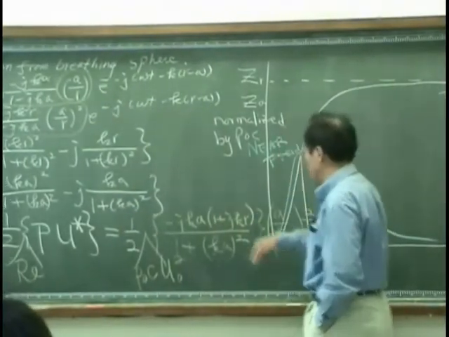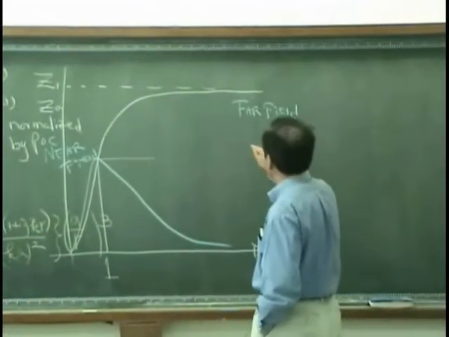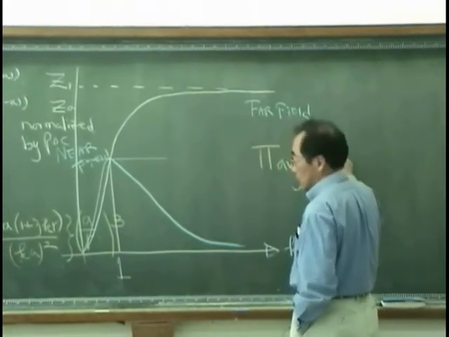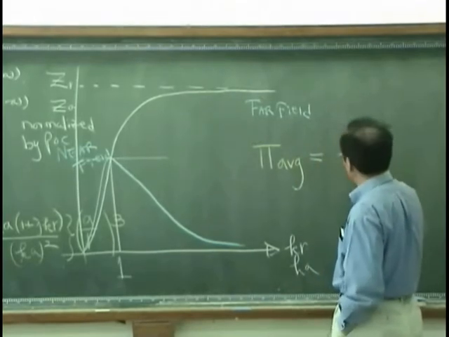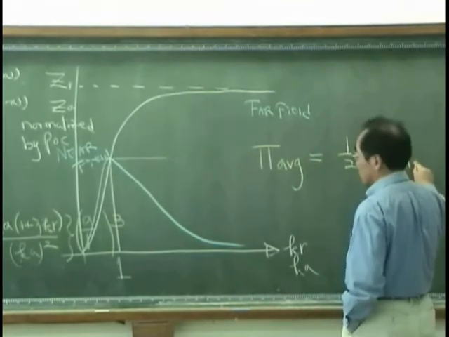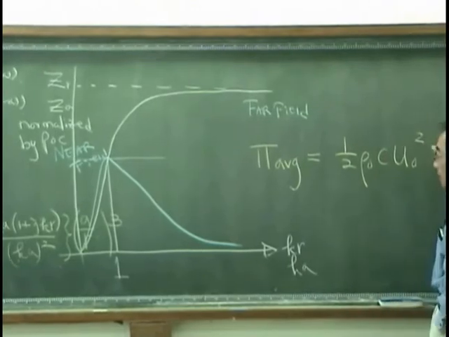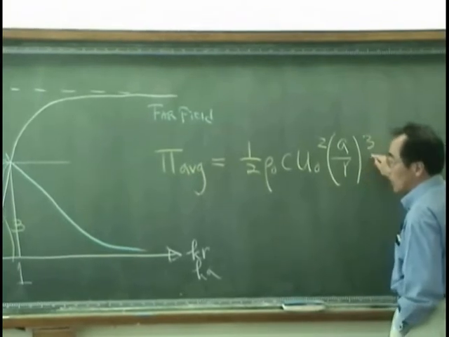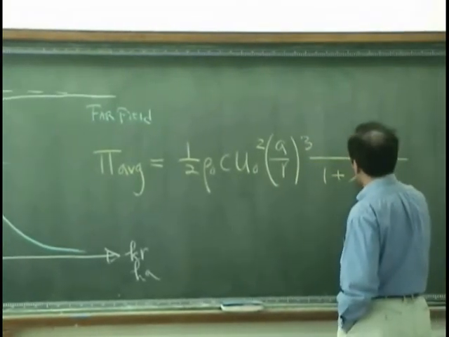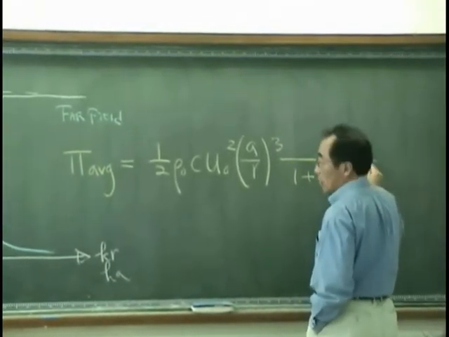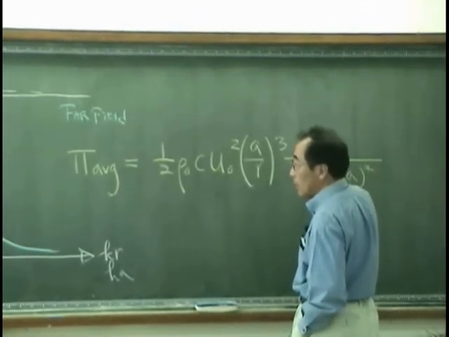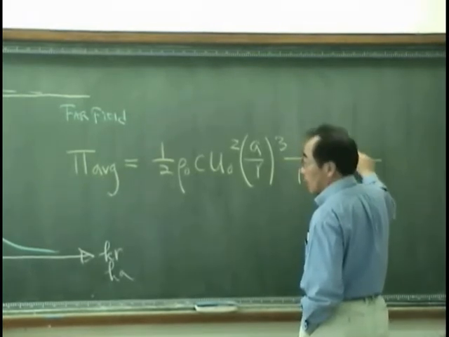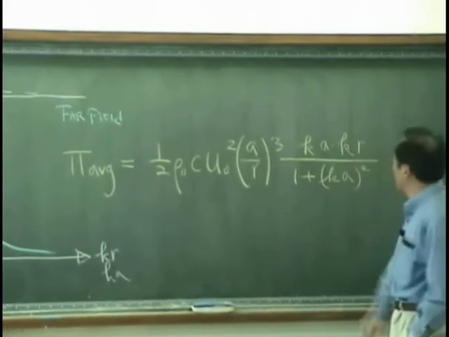So what we obtain is the average power has to be equal to 1/2 rho 0 C U 0 square, and then I have A over R to the cube, and I have 1 plus KA square, and I have KA and KR, right?